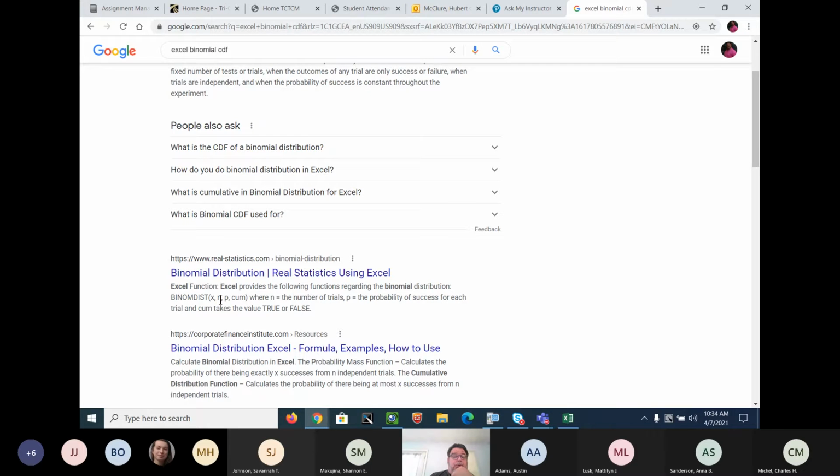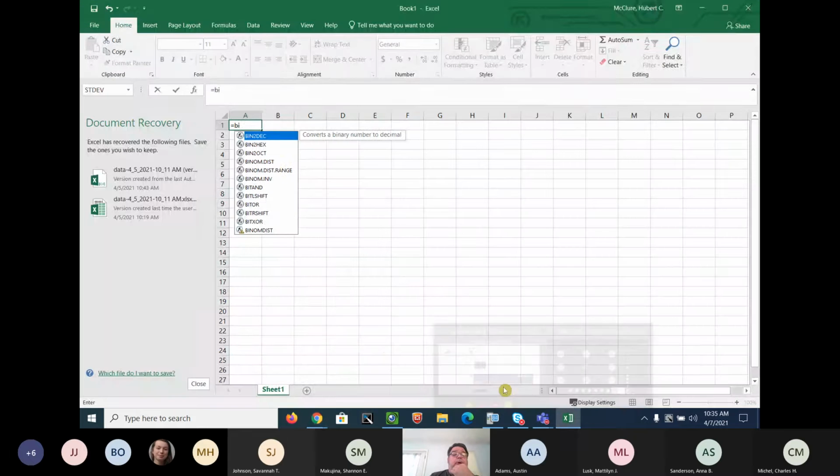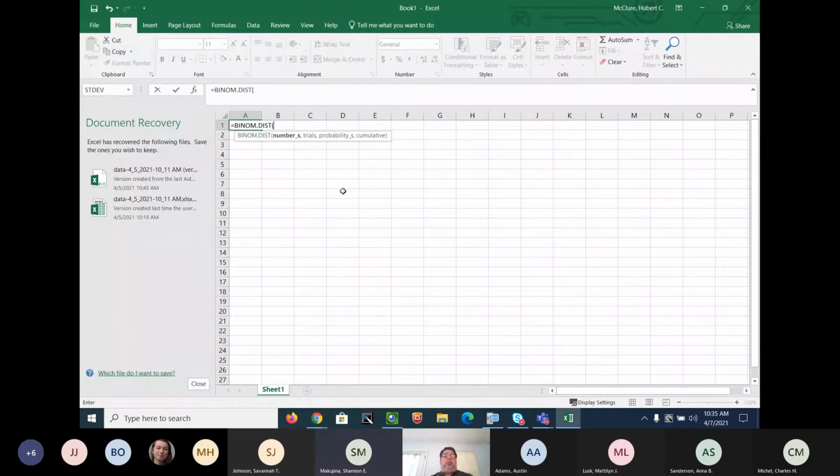It does it in a different order, but it's binomial distribution. And cum takes the value true or false. So cumulative means true, and cumulative would be false on this one. So binomial distribution, let's see if this works. I've never done this before. And they want the number of trials, which would be 15, comma, probability is 0.65, comma.